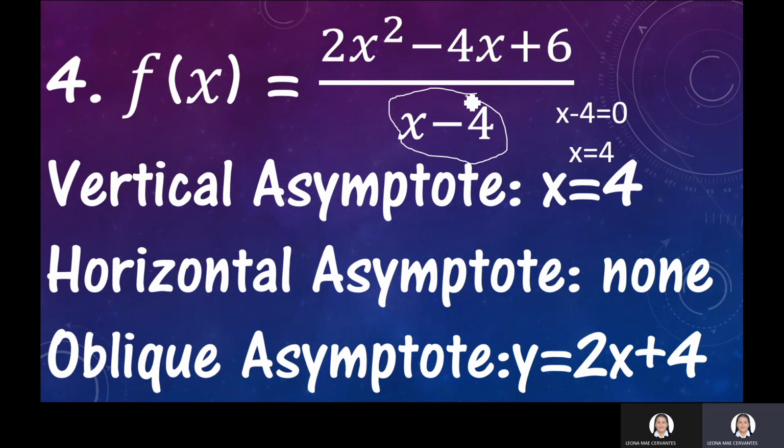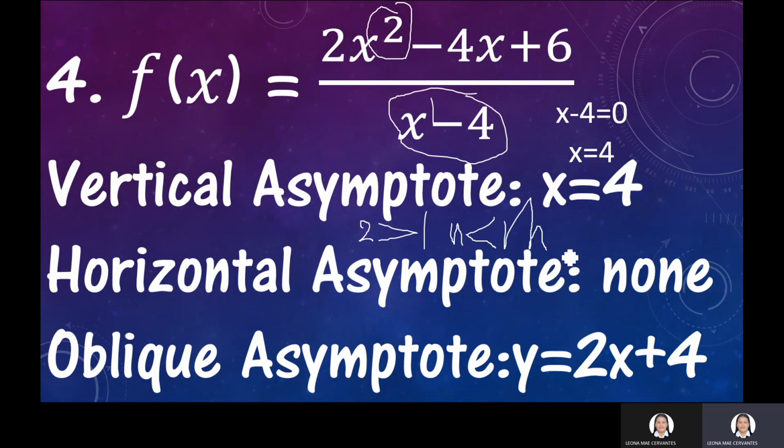Horizontal asymptote, highest exponent ng numerator, 2. Highest exponent ng denominator, 1. So 2 is greater than 1. Therefore, n is greater than m.